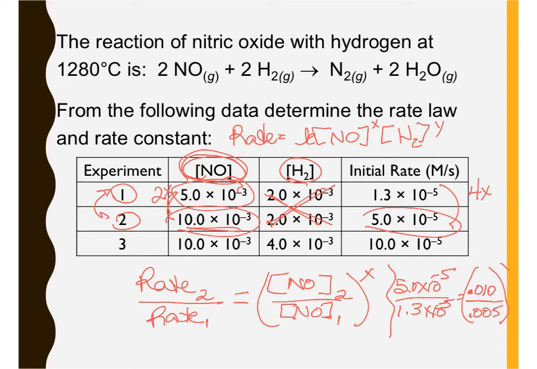All right, and here is my exponent. And if I go ahead and simplify the math for that, what do I get? Well, the ratio 5 divided by 1.3 is around 4, close enough. And the ratio of the two concentrations is 2. Okay, so what does x have to be in order for this mathematical equation to be correct? X must equal 2, so it is second order with respect to nitrogen monoxide.